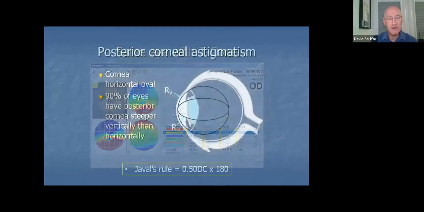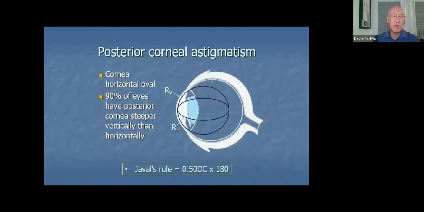I said earlier that some corneal topographers will measure posterior corneal astigmatism, and this is now increasingly important because we're doing many more torics and patients have much higher expectations. So we know that the cornea is a horizontal oval, and 90% of eyes have a posterior cornea steeper vertically than horizontally. Now, in fact, we knew about this 100 years ago or so with Javal's rule, which says that the average patient has a posterior corneal astigmatism of about half a diopter, axis 180.